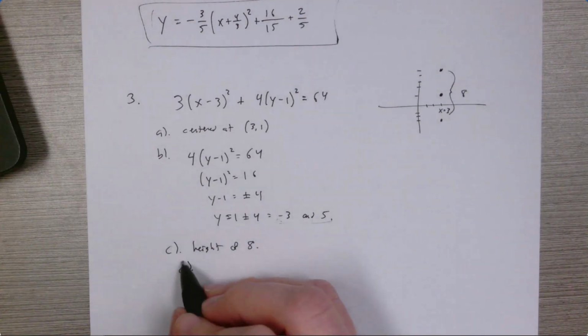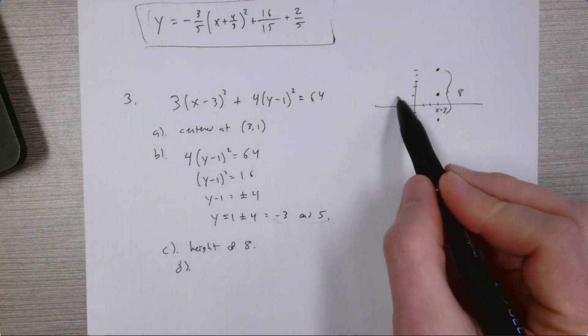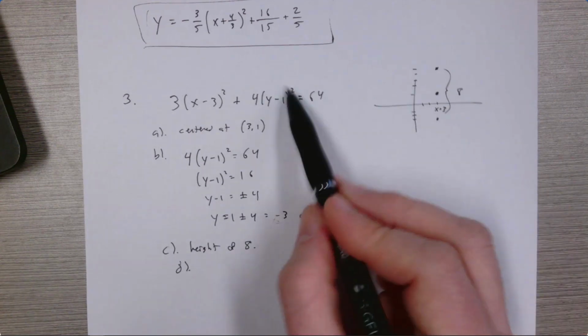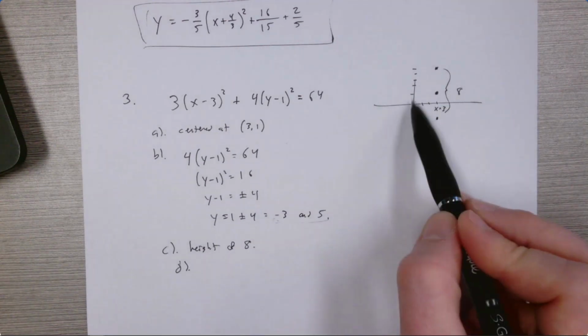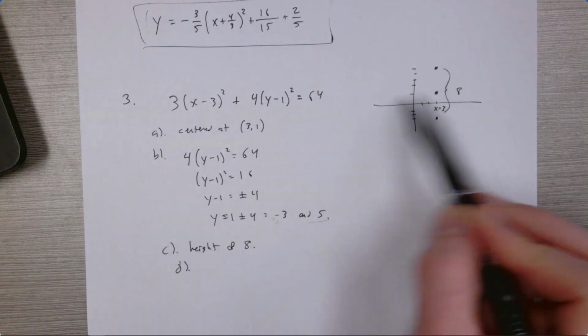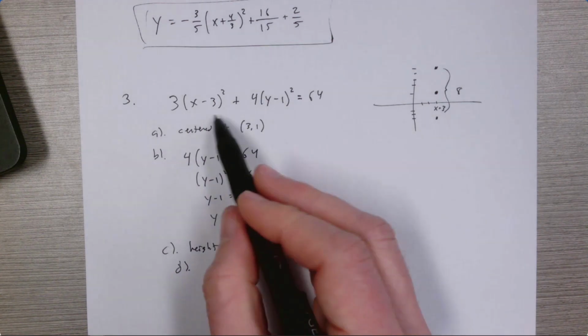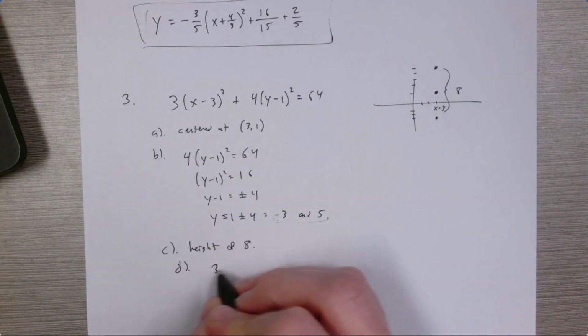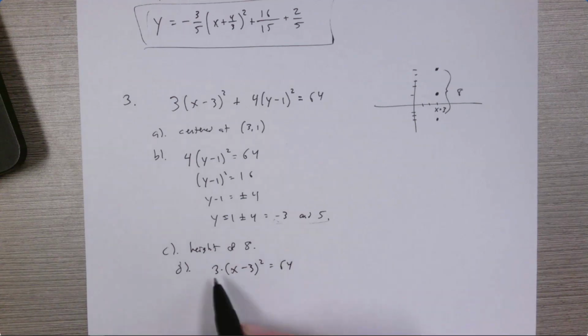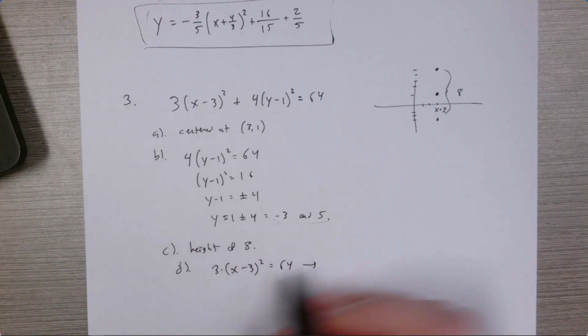The bonus part D is let's figure out where the leftmost and rightmost points are. So if I plug in a y value of 1, that would be plugging in y equals 1 here, and I can solve for the two x values that happen when y is 1. So let's do that. So here I've got 3x minus 3 squared equals 64. So now this is going to work out a little less cleanly.